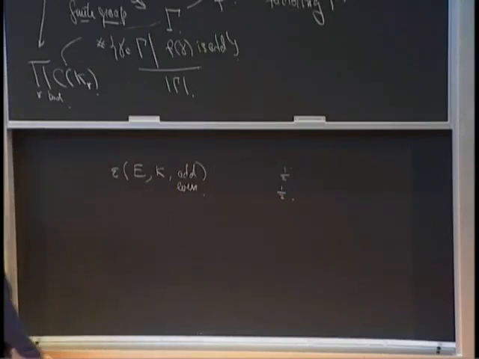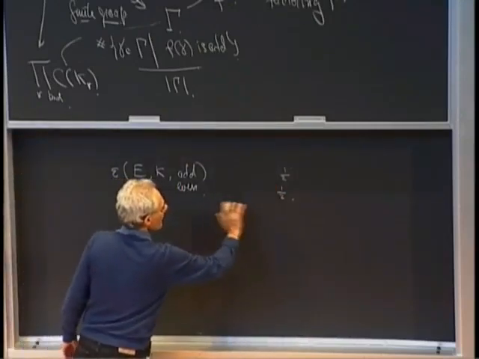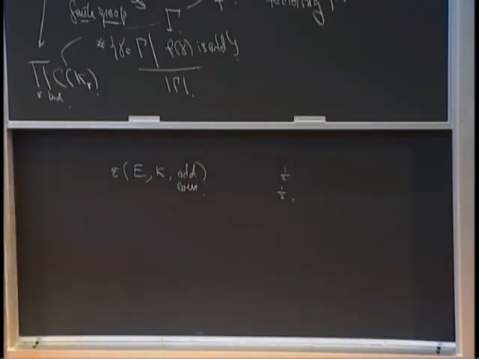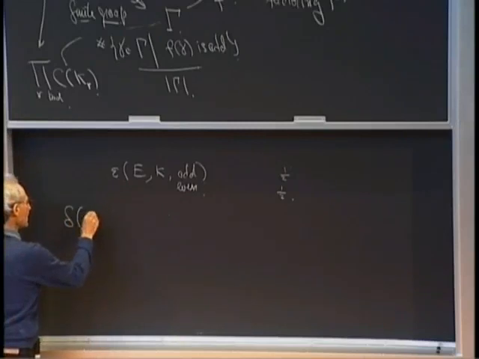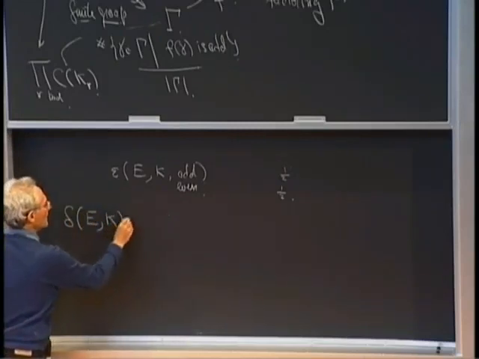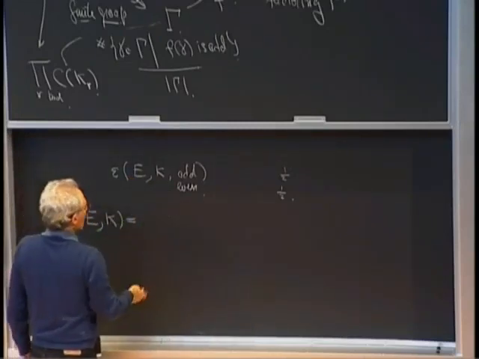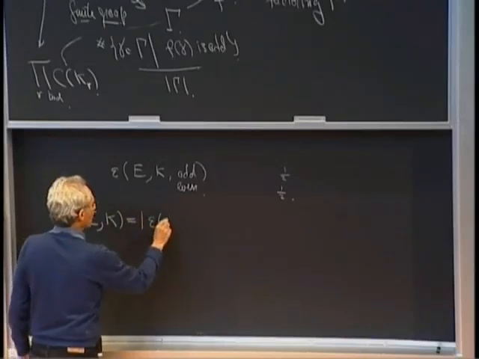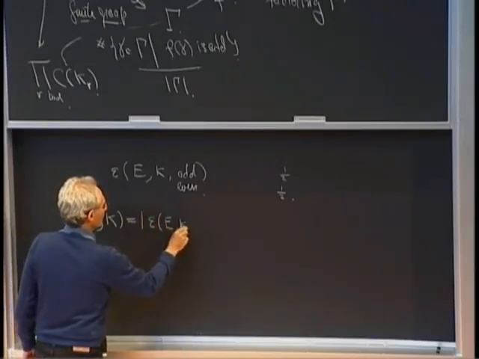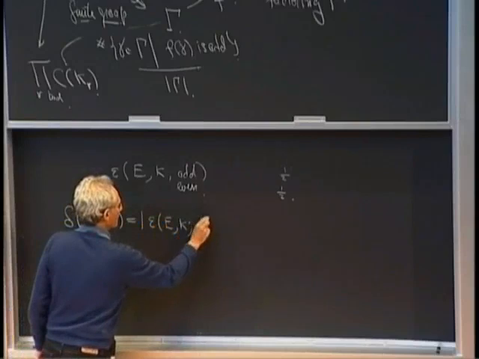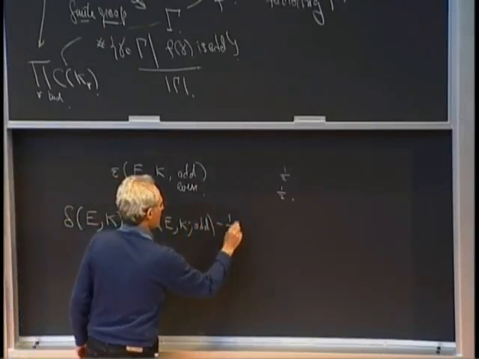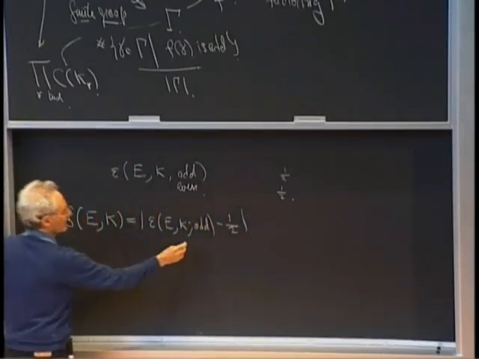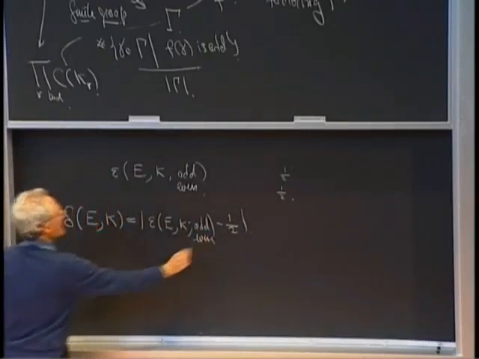And so it's natural to ask how far away from a half are they? And so let me define the disparity. I'll call it delta epsilon k to be the absolute value of either of these minus a half. And of course, you get the same number if you put an even there.